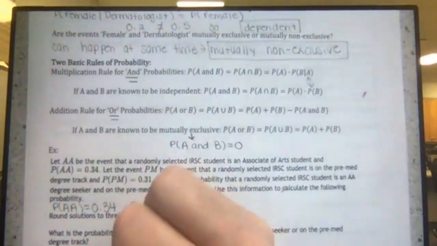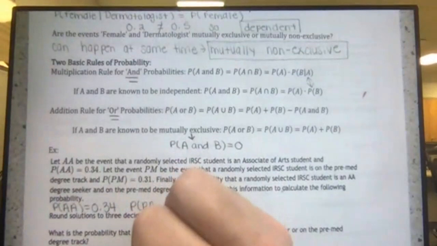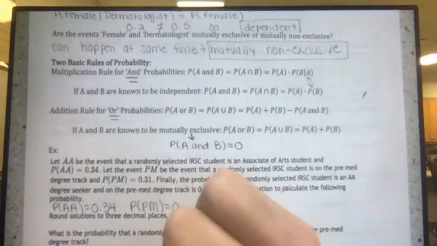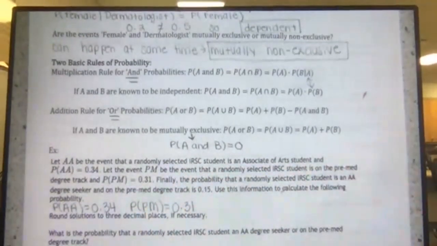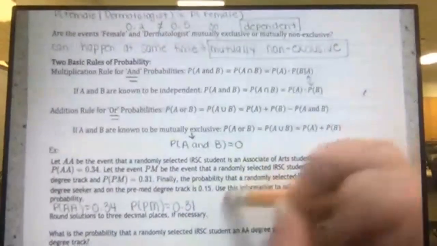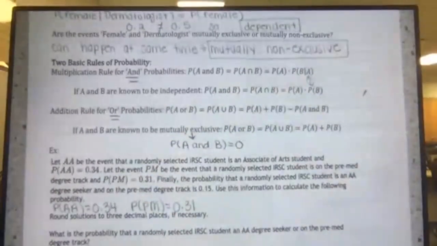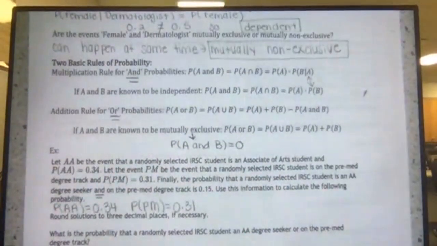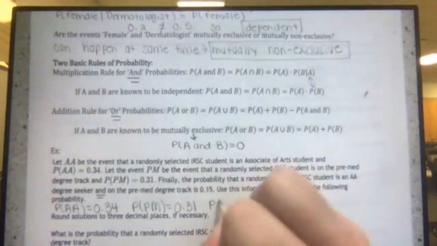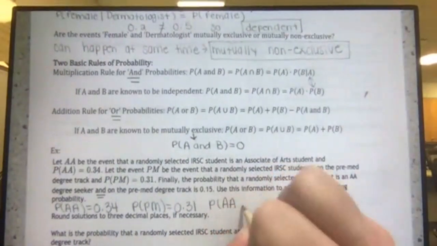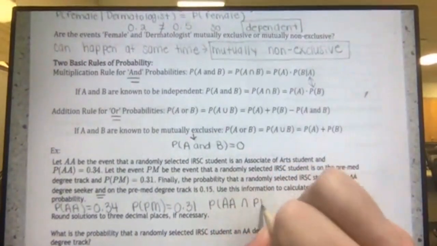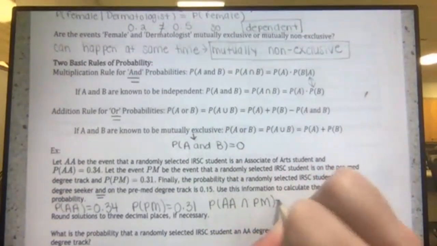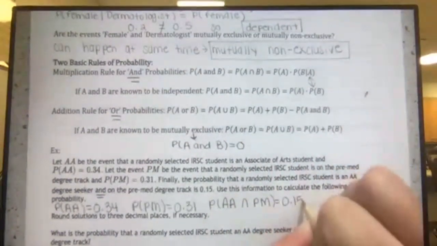So the probability of PM, probability the student's going to be a pre-med major, is 0.31. Finally, the probability that a randomly selected IRSC student is an AA degree seeker and on the pre-med track, so probability of AA and pre-med, is going to be 0.15.